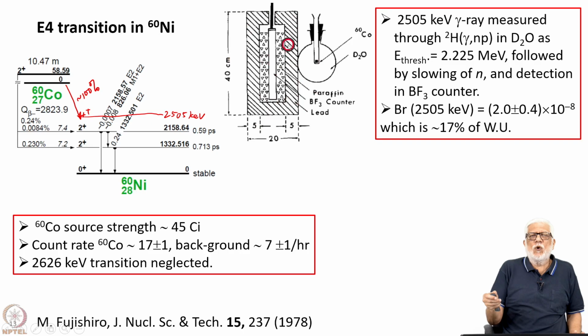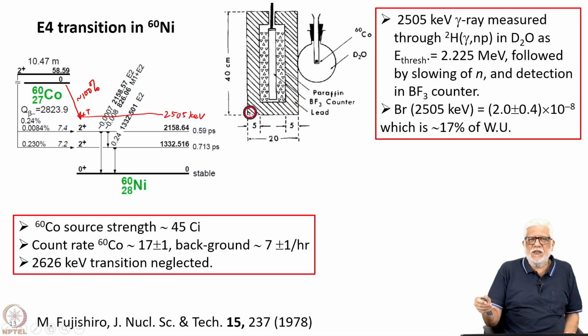Now heavy water of course has deuterium, it's D2O, and deuterium has a breakup threshold of about 2.225 MeV. Okay, so if this transition takes place, then that can break up a deuteron and produce a neutron and a proton. Now the free neutron, it has of course hundreds of keV energy, couple of hundred on the average.